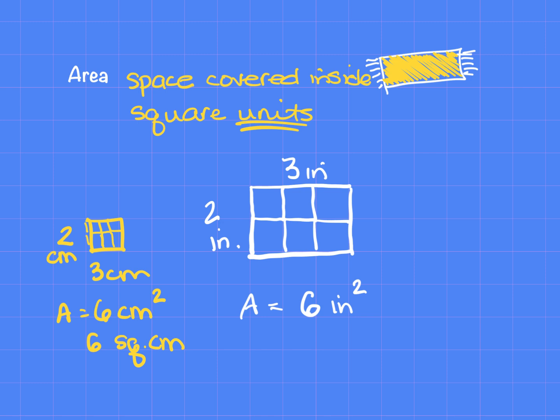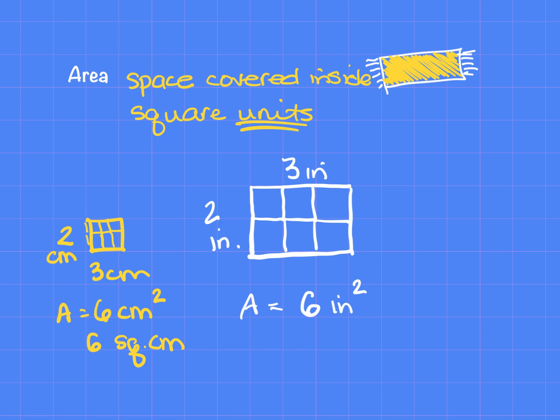And I can change this if I wanted to talk about feet, right? If I was going to be using 2 feet by 3 feet, those squares are a foot by foot, which means they're getting a lot larger here. But what you want to remember is that area is the space that's covered inside of a shape, two-dimensional.